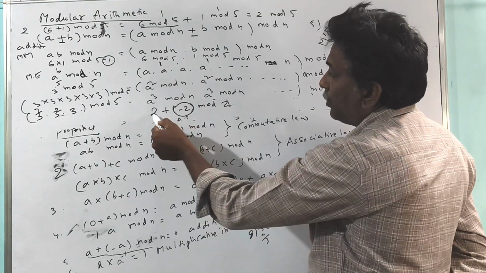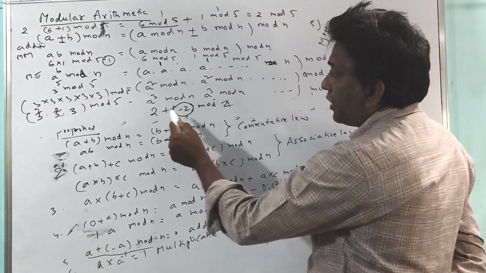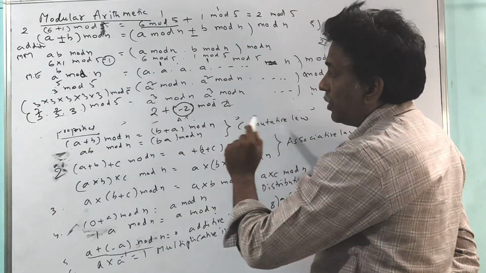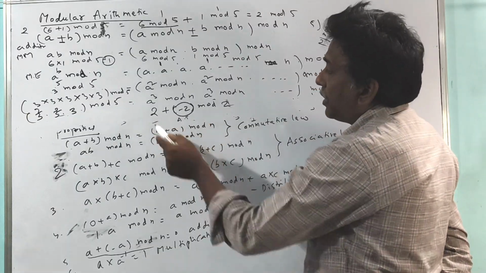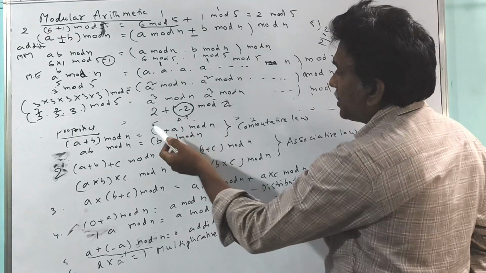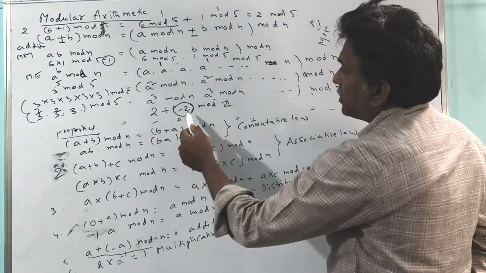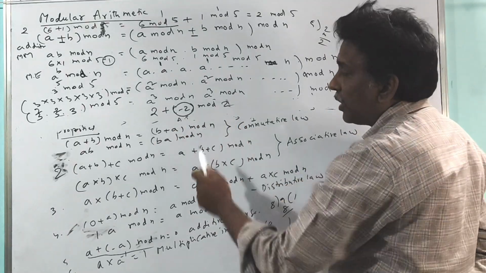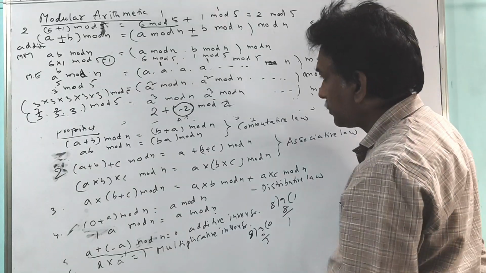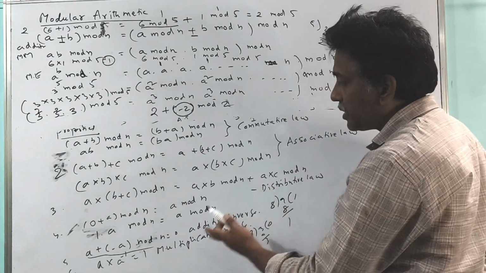The additive inverse of 2 is nothing but minus 2. The additive inverse of minus 2 is nothing but 2. If you do this, 2 plus minus 2 is automatically 0. So we will get the value 0. So this is the additive inverse.